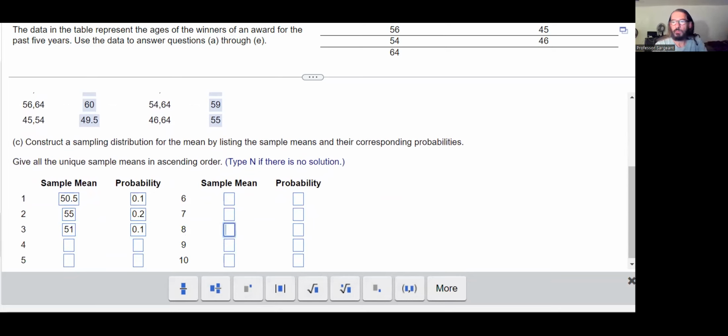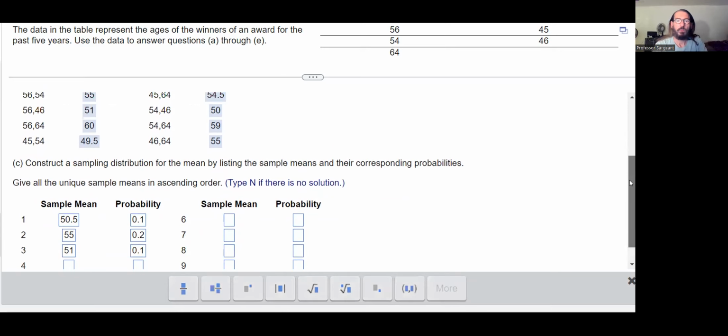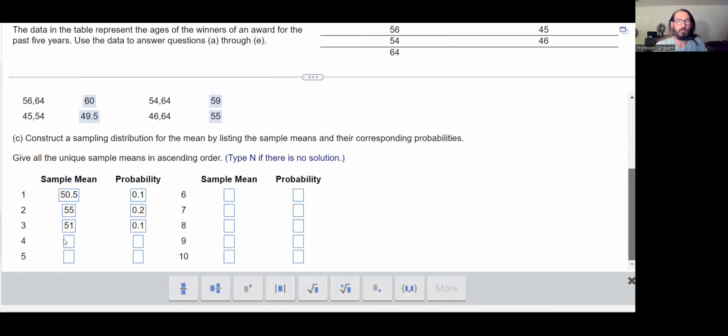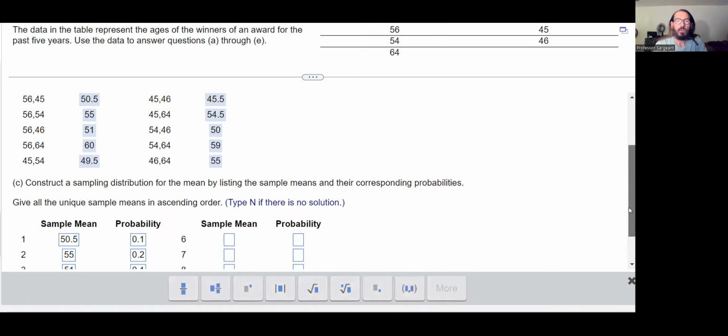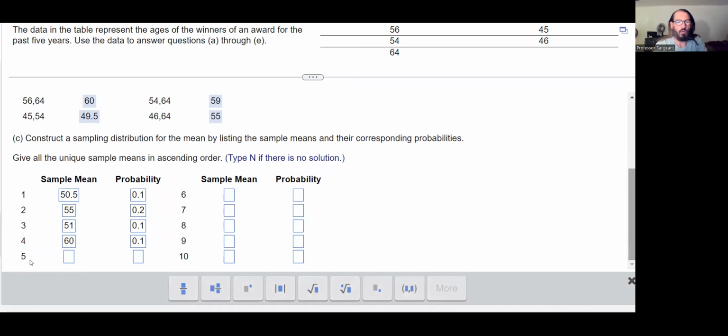Then 60 only showed up once. Because there were 10 samples of size 2, I'm dividing all of those by 10. 49.5 only showed up once.